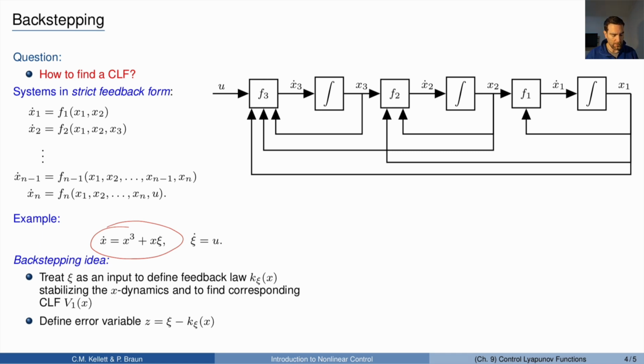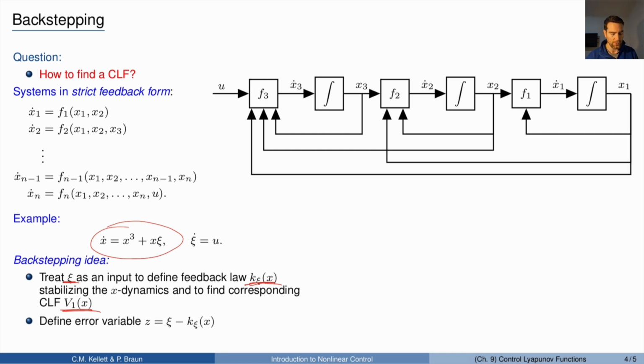So we would, as a first step, take psi as an input, define a corresponding feedback law and a corresponding control Lyapunov function. However, then we need to correct the mistake of taking psi as an input, because we cannot freely design psi, and we have to treat it as a state.